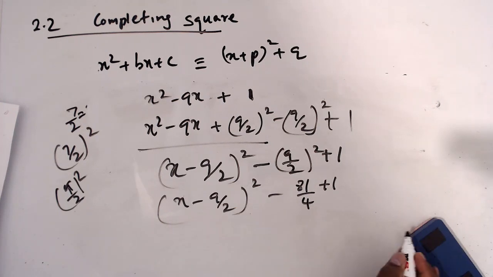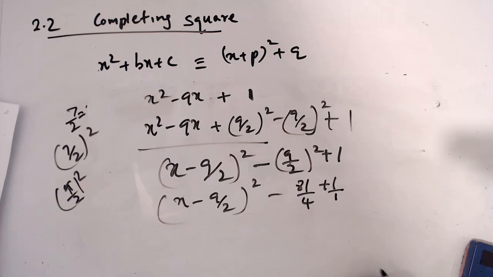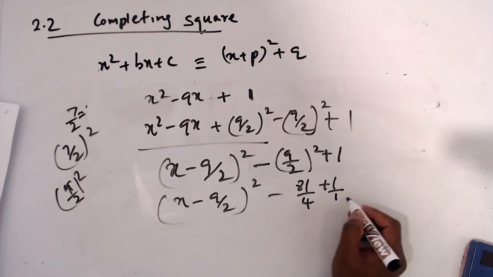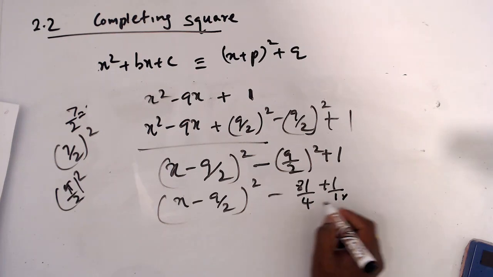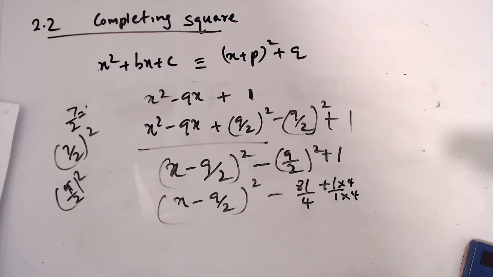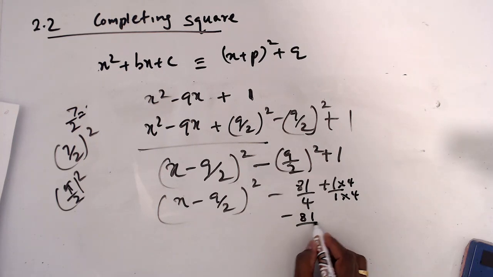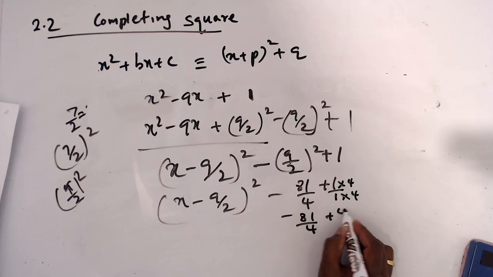Now how do you simplify 81 over 4? So this you can put 1 then. Then I want to make the denominator the same. I multiply both up and down, denominator and numerator, by 4. Then this is minus 81 over 4, and this is 4 over 4.